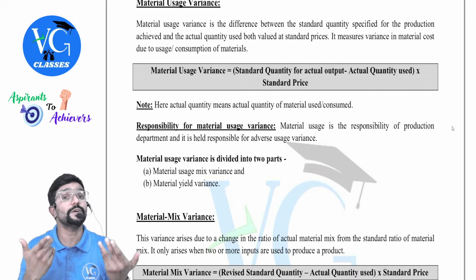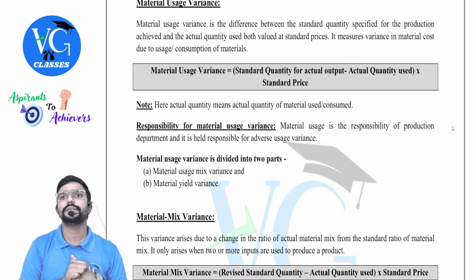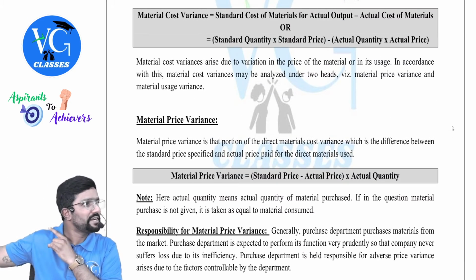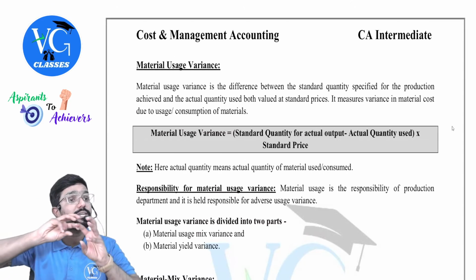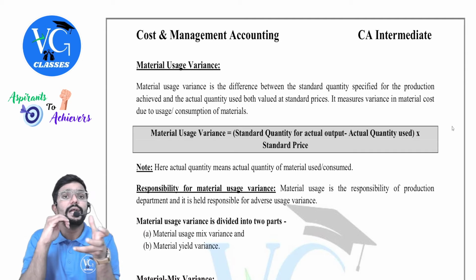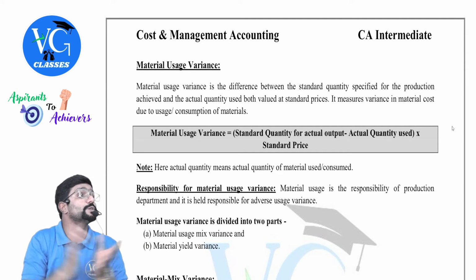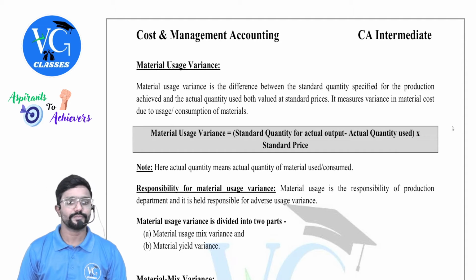Because what I was supposed to pay, I have to take. What I have actually paid, we have already taken in actual quantity. Here our main agenda is to find the difference between the quantities, and that should be multiplied with standard price, that is how much I was supposed to pay.